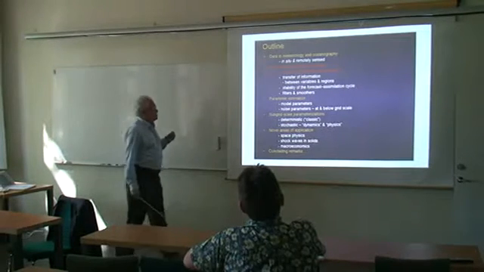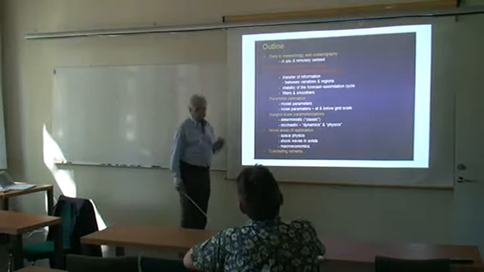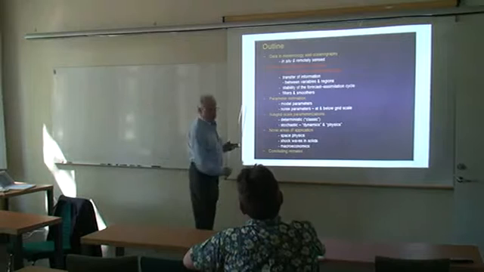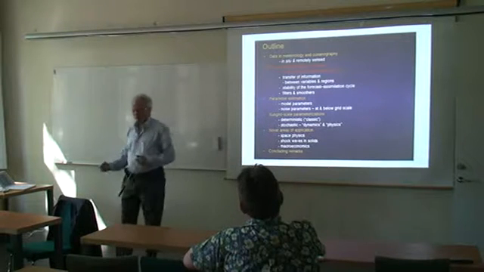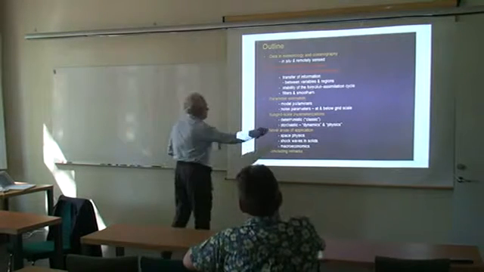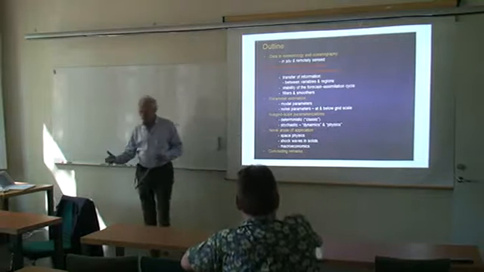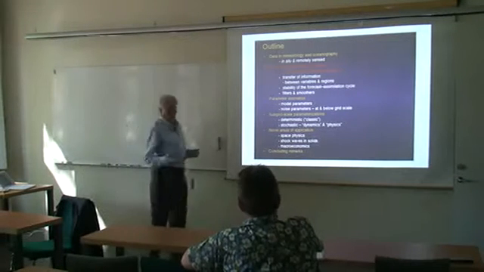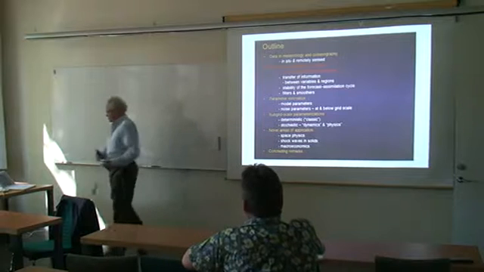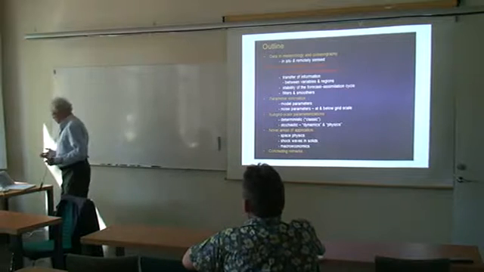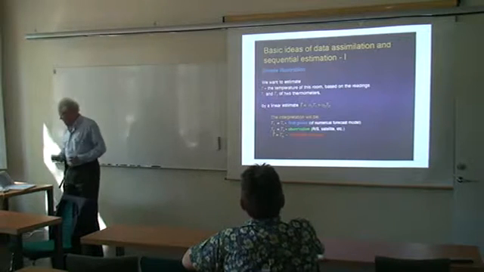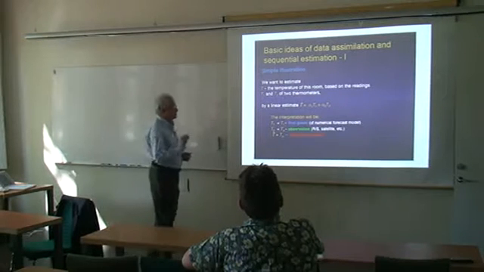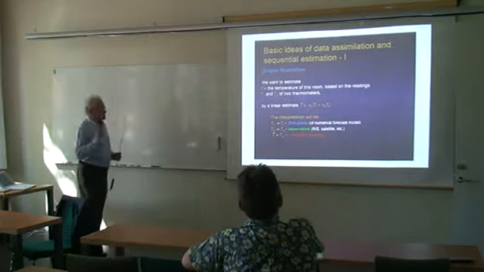The whole idea is that you have transfer of information either between variables that you do observe and those you don't, or between regions that are data rich, like the land masses of the northern hemisphere, and regions which are data poor, like the oceans in the northern hemisphere, and basically all of the southern hemisphere. Okay? So again, you've seen this, but I will try to make the connection between this and sequential estimation.